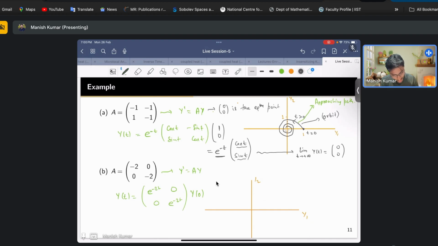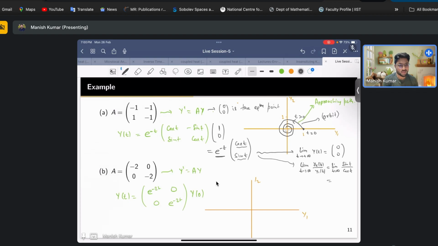If you want to calculate the ratio, then the limit as t goes to infinity of y2(t) upon y1(t), what you get is sine t upon cos t, since e minus t will cancel out.